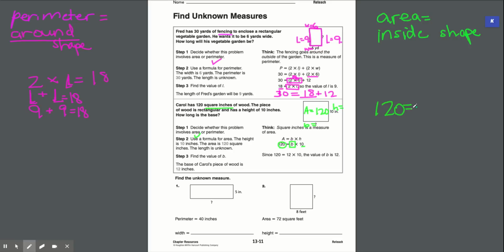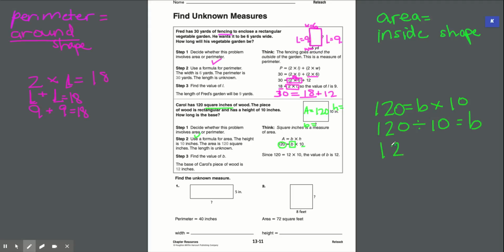Don't forget what you know about number relationships. 120 equals the base times 10. So that means the same as 120 divided by 10 will tell you the base.